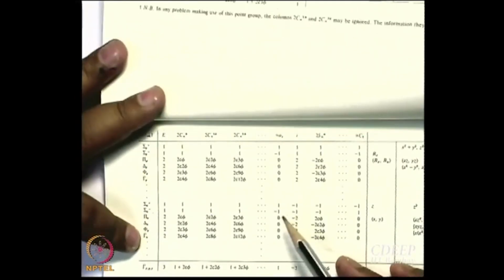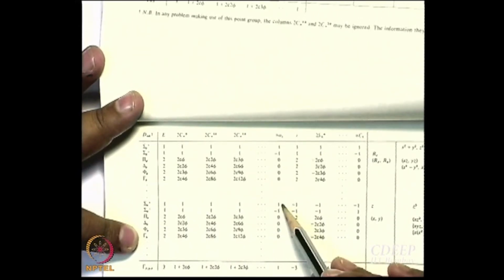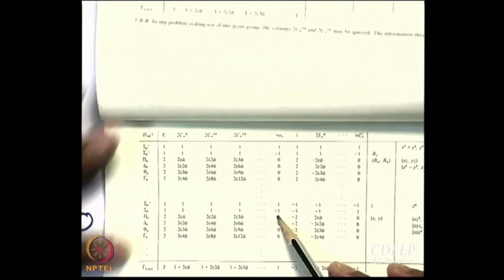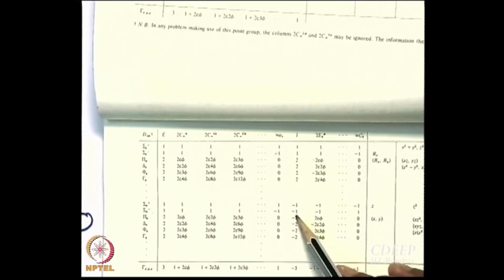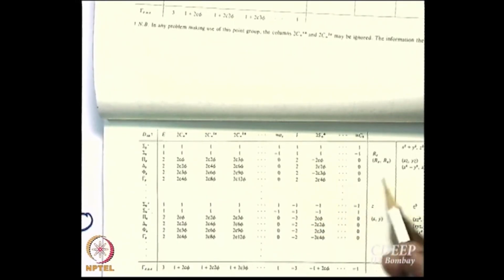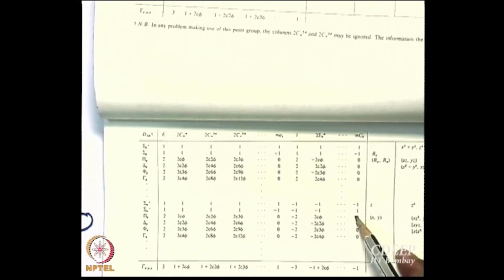The difference is in sigma v. In sigma u plus, the character of sigma v is plus and the character of sigma v is minus in sigma u minus. i, of course, both are minus. S infinity hopeless. C2, sigma u plus is minus 1 and sigma u minus is minus 1.